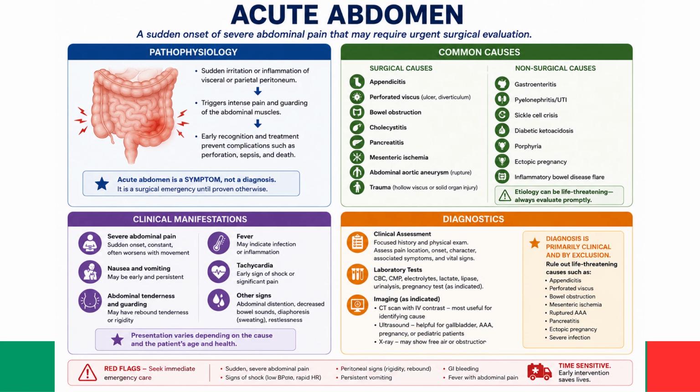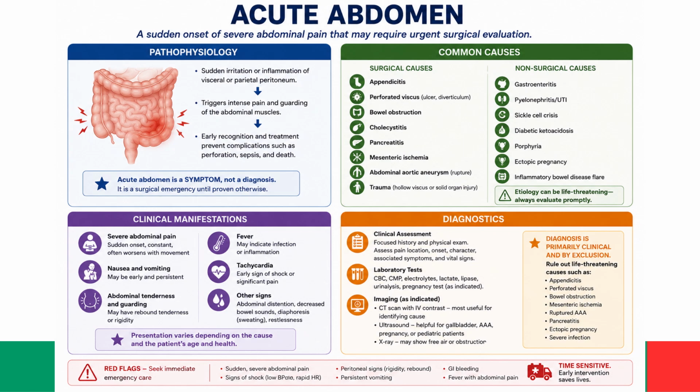Appendicitis is a classic finding. Early appendicitis may produce vague periumbilical pain, but as inflammation progresses and begins irritating the parietal peritoneum, the pain typically localizes to the right lower quadrant. So the location and character of the patient's pain can actually change as the disease process progresses.